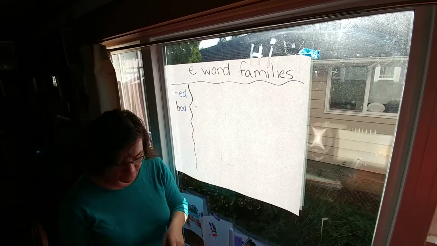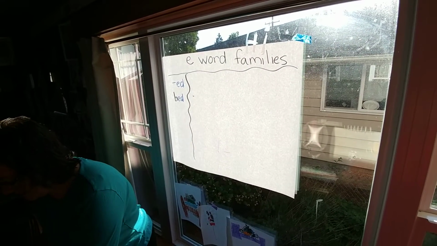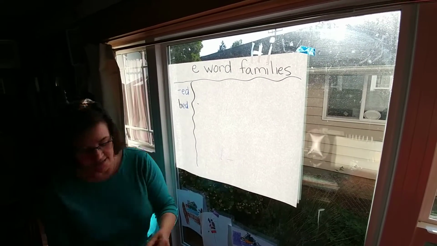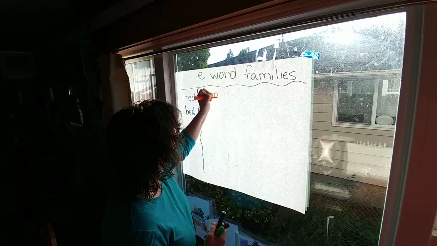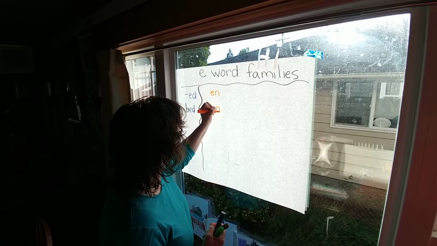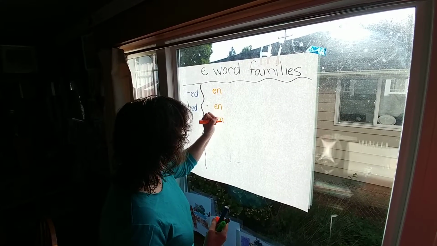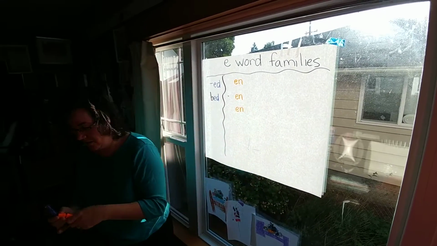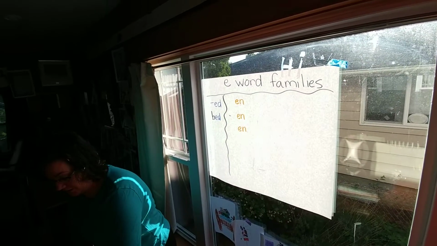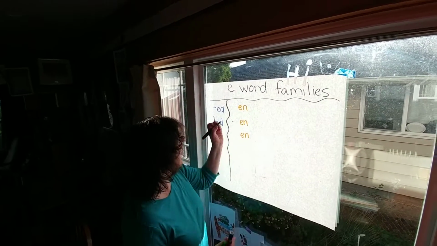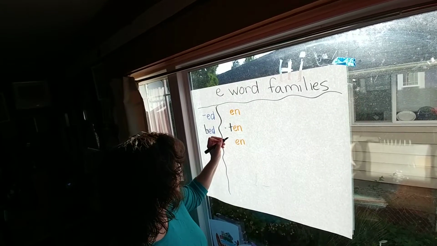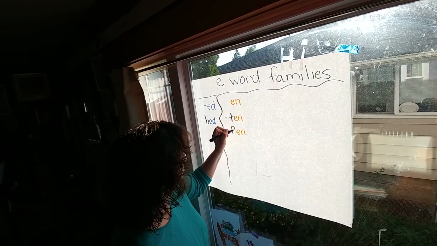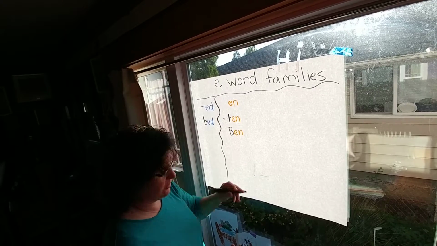We also have words that end in N. For example, the word, it's a number word actually, the word 10. Or the word Ben. Ben is somebody's name. Ben. 10 and Ben are N words.